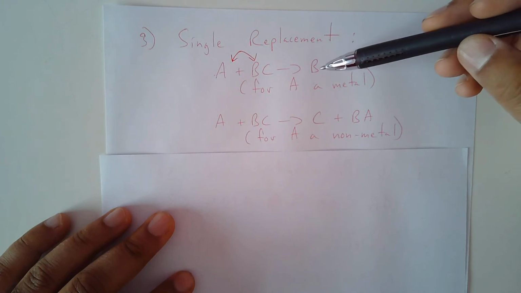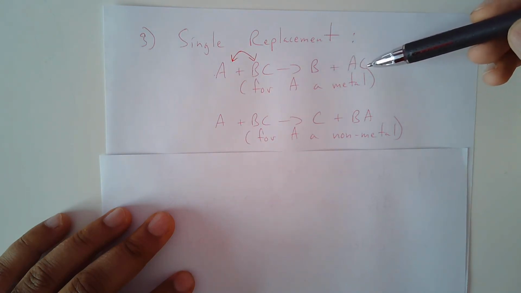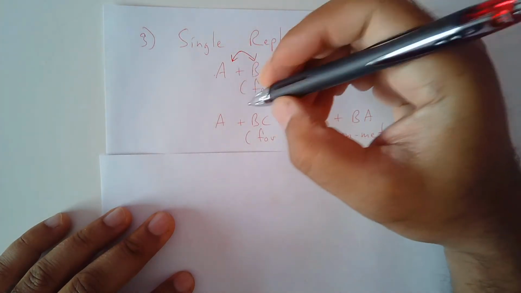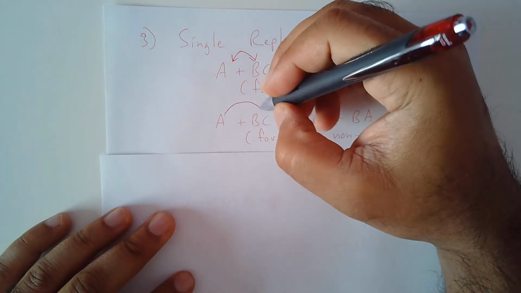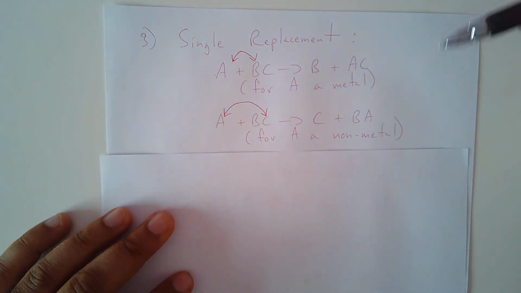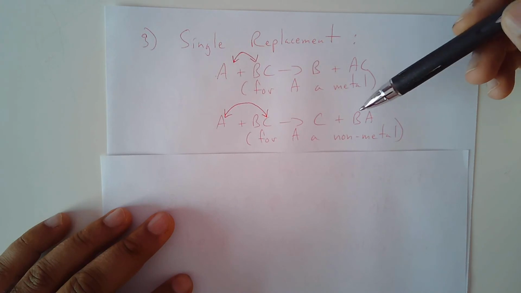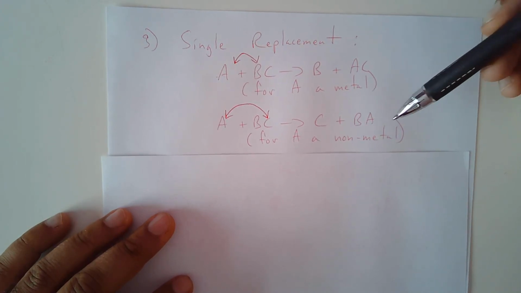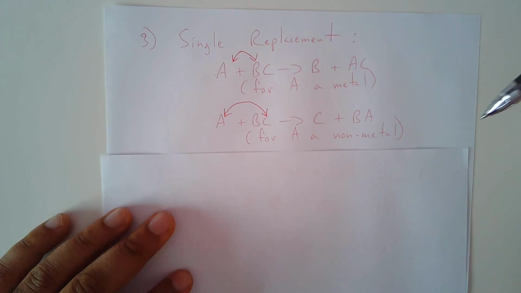Then B gets left on its own, and A hooks up with C. If it's a non-metal, then it's going to switch places with the other non-metal. And so you get C by itself, and now B and A are going to combine. So it's a single switch. Metals switch with metals, and non-metals switch with non-metals.